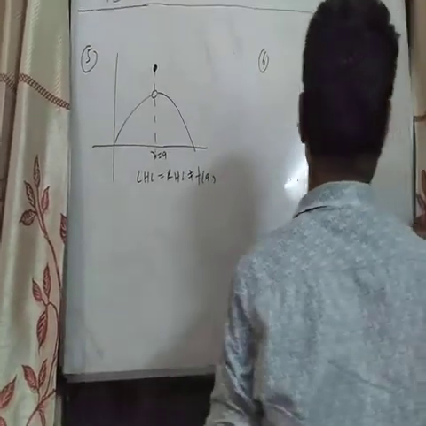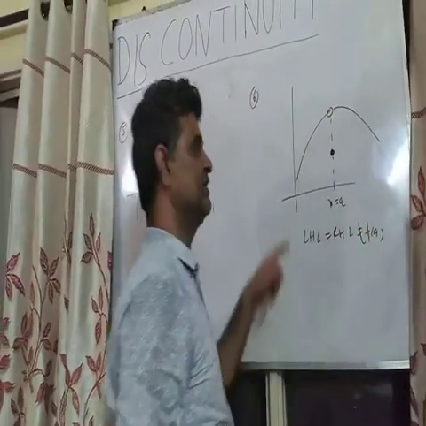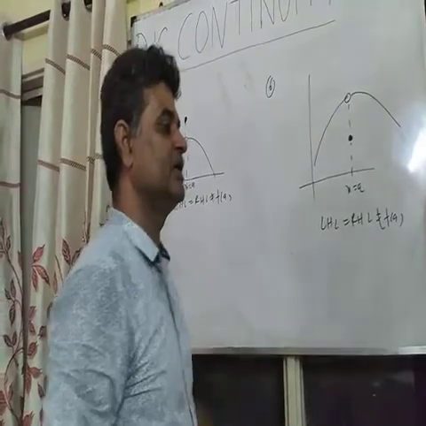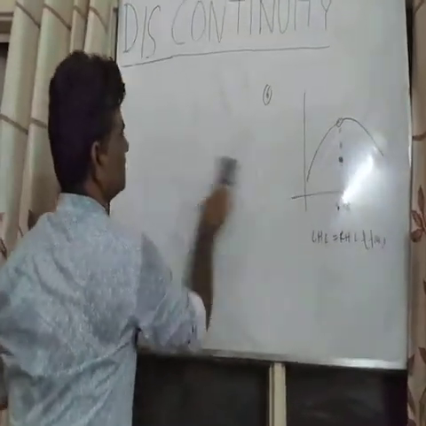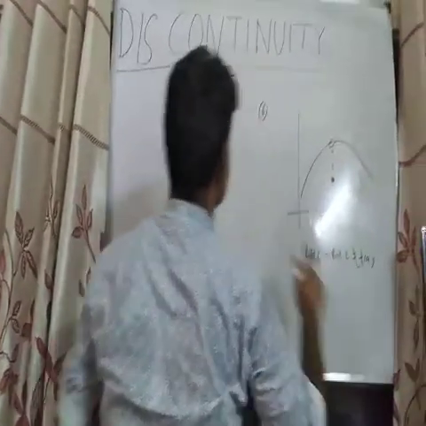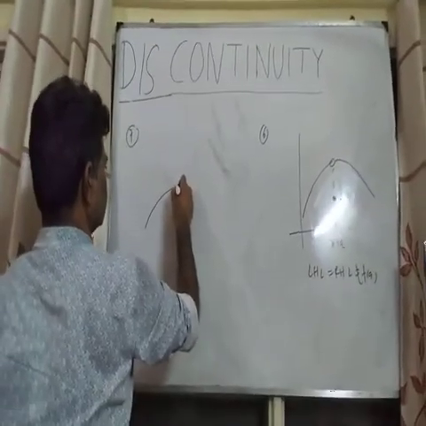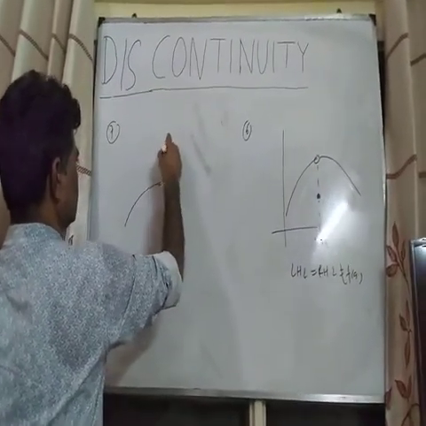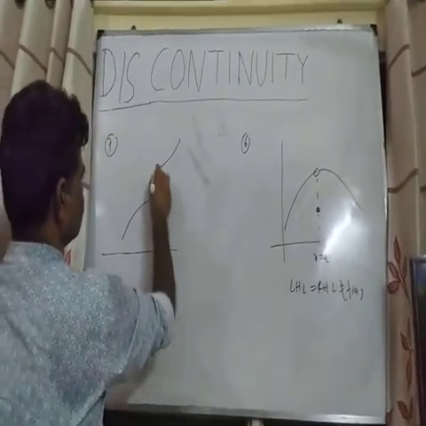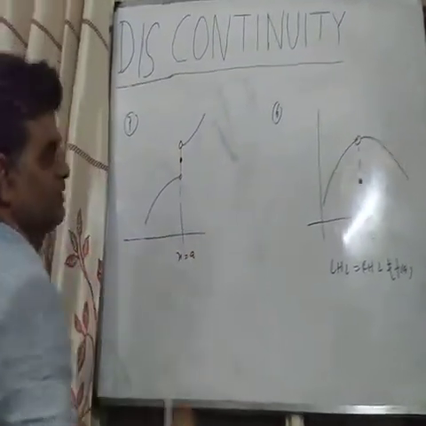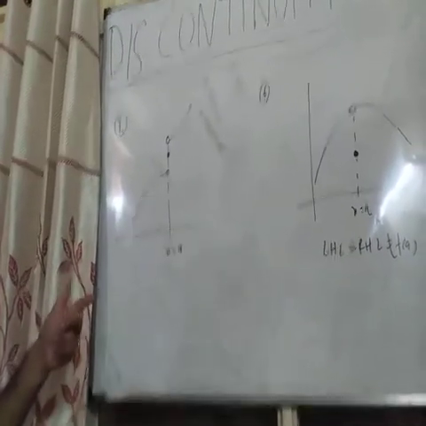You can see that the left hand limit is equal to the right hand limit, but it is not the value of the function at a. So then also the function is termed discontinuous. Similarly, the point is here, then also the function is discontinuous in this case.